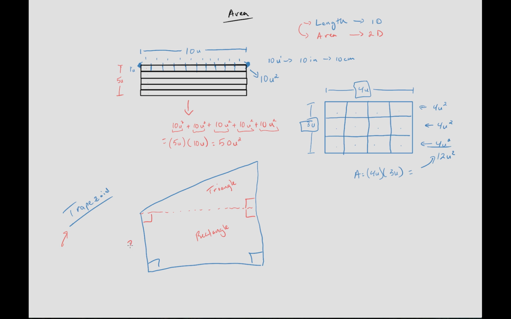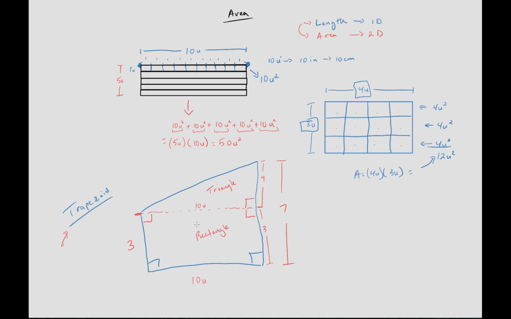Because, for example, if I knew that this was 3 units and this whole piece here was, let's say, 7 units, and that this piece down here was 10 units, obviously this whole thing's not to scale, well, I know that if this whole piece is 7 units and I cut off this piece right here, which I know is 3 units, well, 3 plus this piece has to equal 7, so this piece right here has to be 4 units. And 10 units here, a rectangle has opposite sides that are congruent.